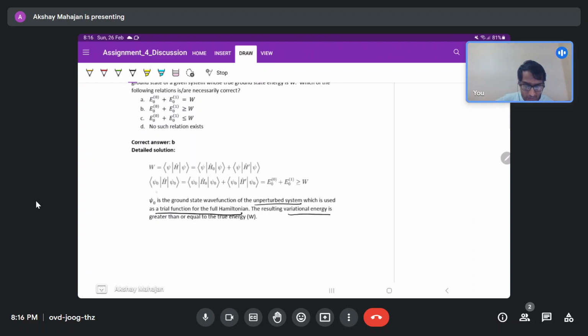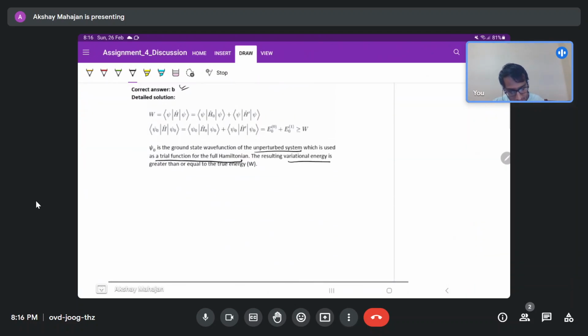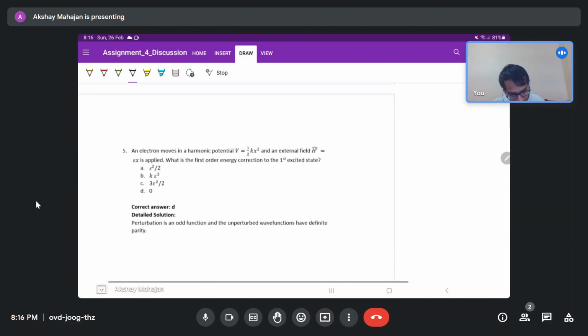Psi is the actual ground state of the full H cap. So this energy W will always be less than or equal to the energy formed by the trial wave function. This is self-explanatory. The explanation is correct, so we don't have to do any calculation.